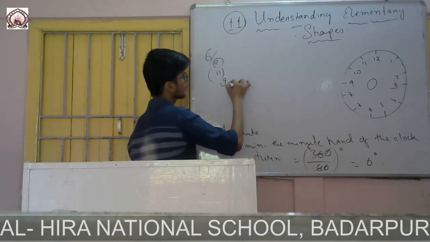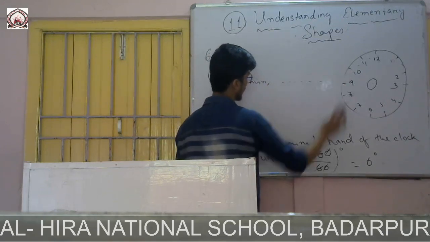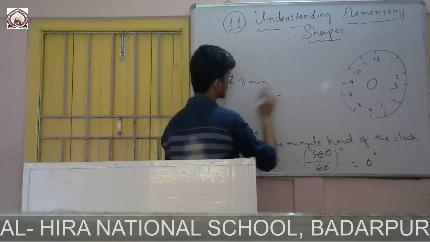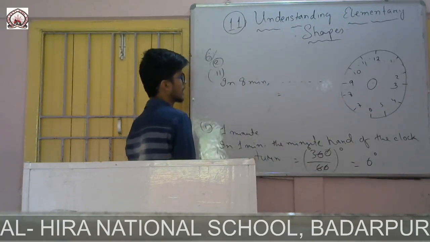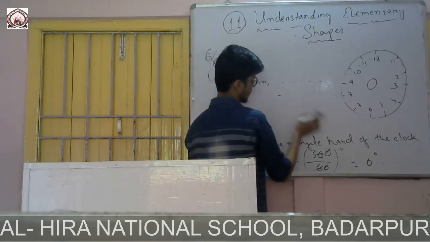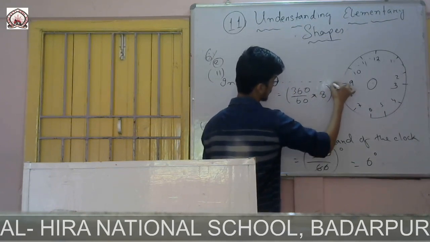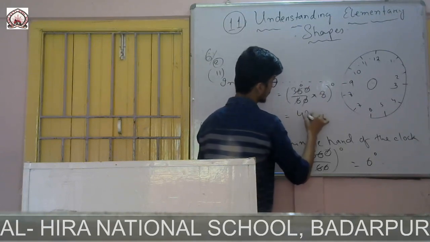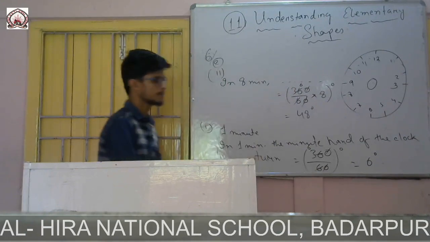Therefore in 8 minutes the minute hand of the clock will turn 360 by 60 into 8 degree. 0 and 0 cancel, 6 sixes are 36 and 6 eights are 48. That means it will turn 48 degree in 8 minutes.